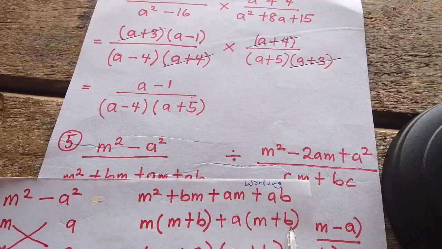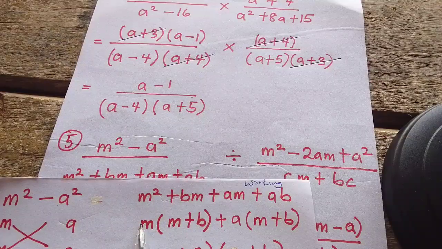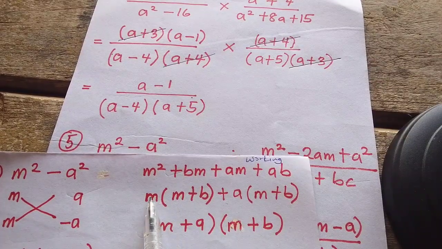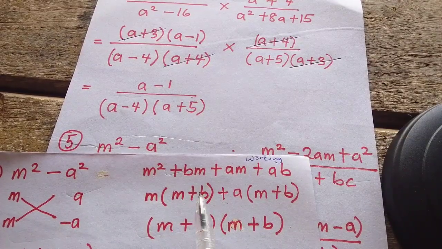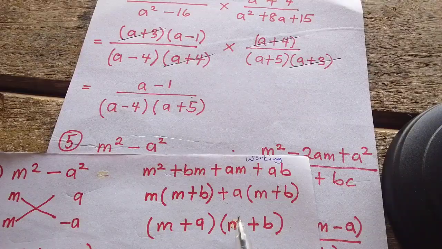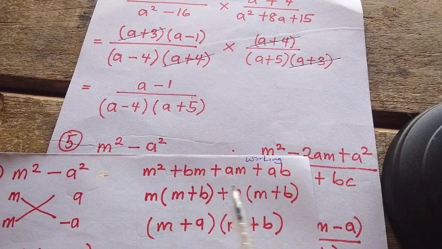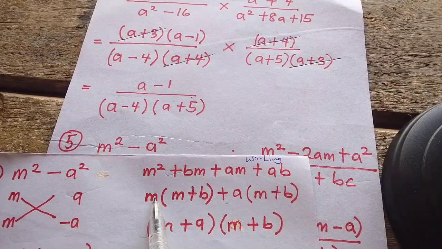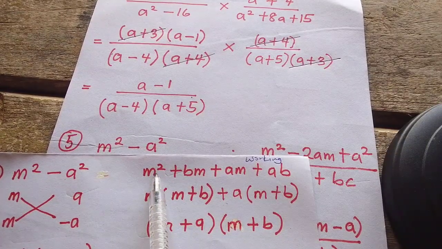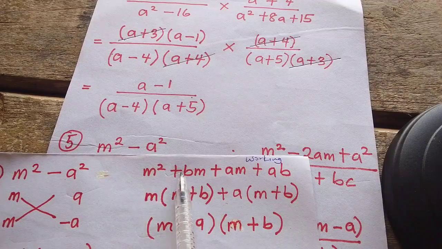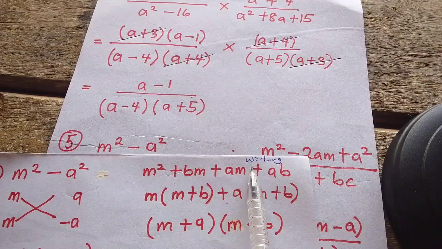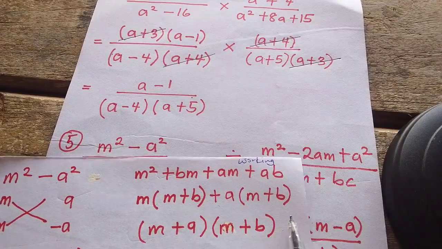So the factors of this will now be m plus a times m plus b. Just pick one of the ones in the bracket. If you are to open the bracket, you multiply this by the whole of this. So factorizing m square plus bm plus am plus ab will give you m plus a times m plus b.